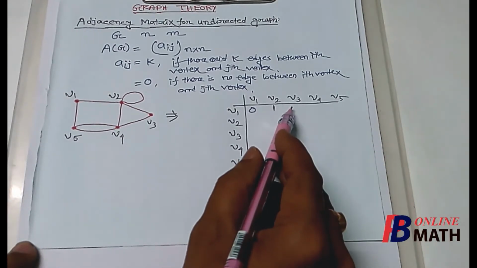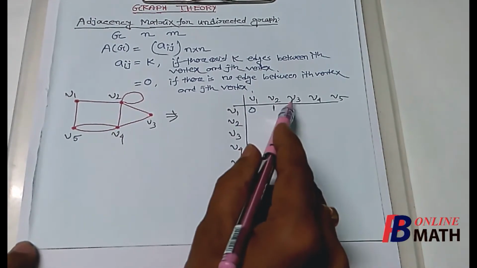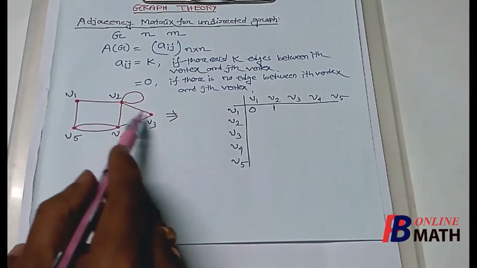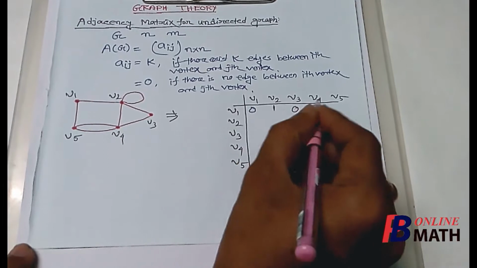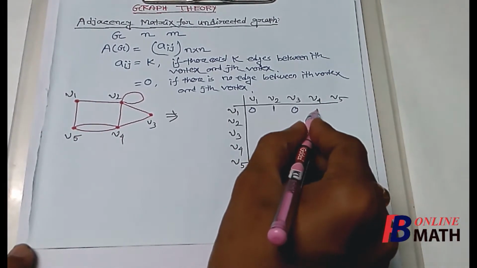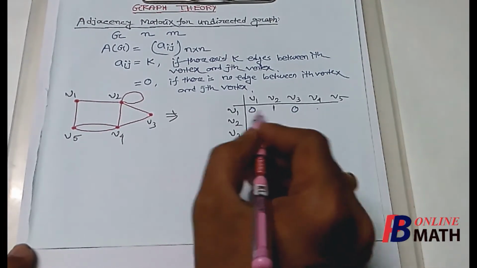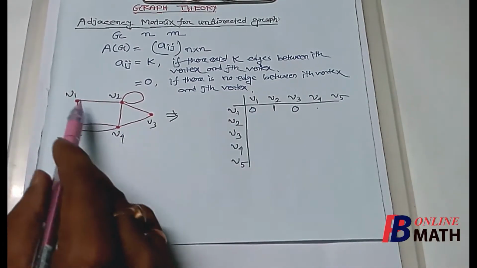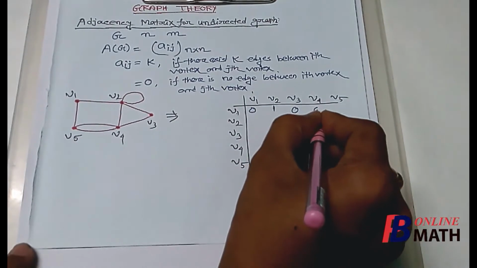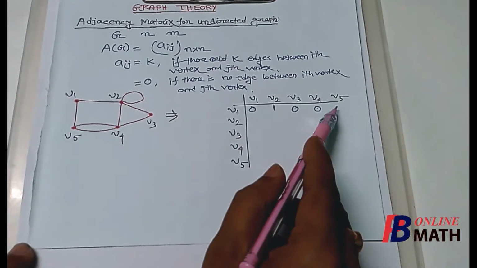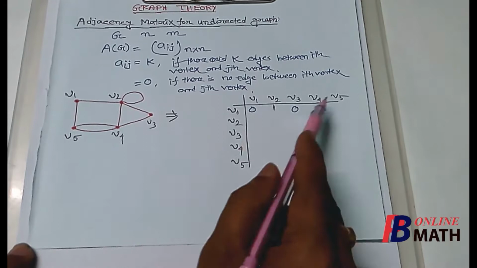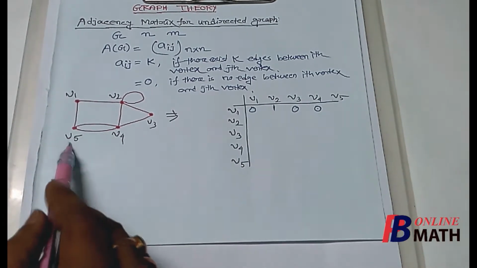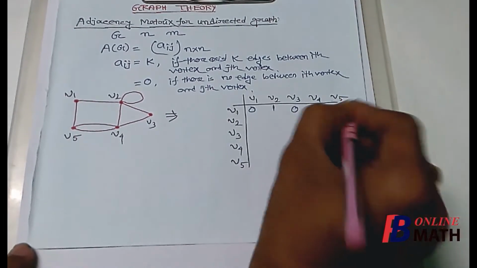So let us find the number of edges between V1 and V3. Here we find that there is no edge between V1 and V3, so we put 0 here. Next one is this element. So let us find the number of edges between V1 to V4. We find that there is no edge between V1 to V4, so we put 0 here. And finally let us find the number of edges between V1 to V5. We find that there is only one edge between V1 to V5, so we put 1 here.